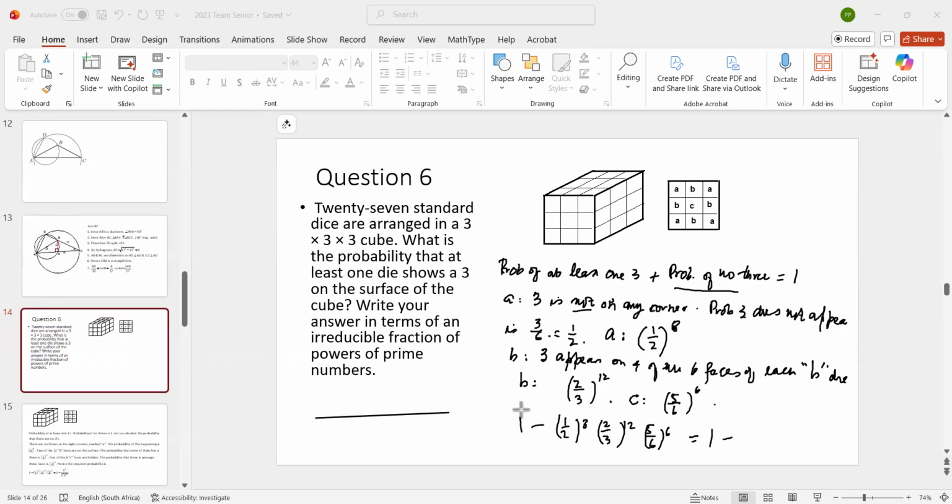The numerator is 1 to the 8, 2 to the power of 12, 5 to the power of 6.